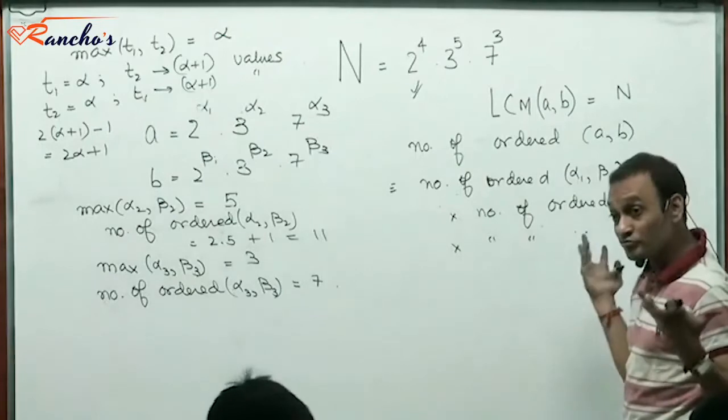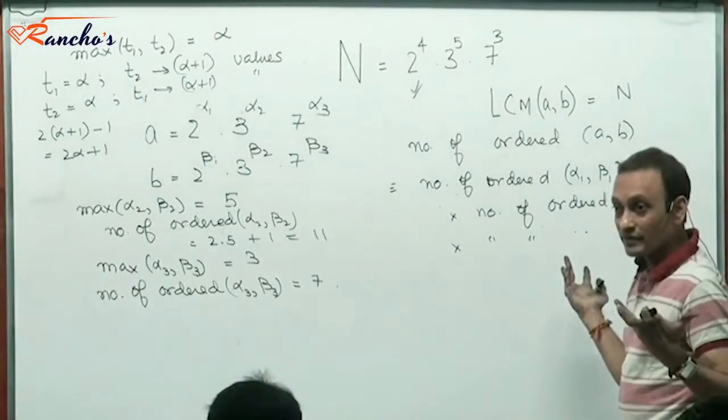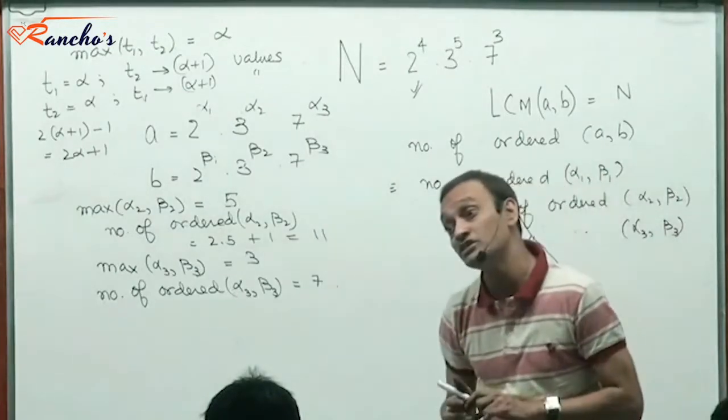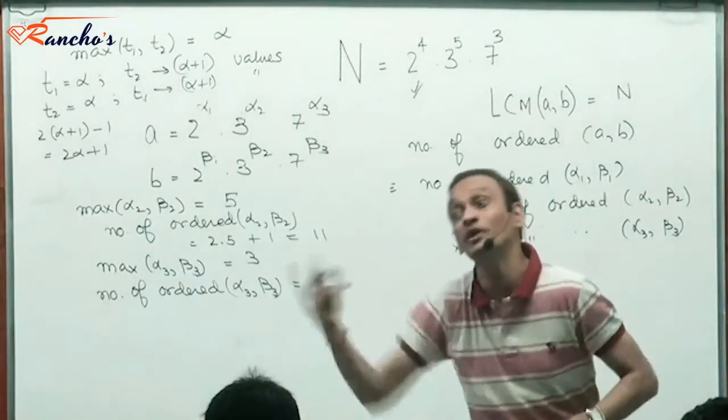This would give me the number of ordered pairs A and B. Ordered, because I don't have to divide this by 2. AB is looked upon as different from BA, so both will be included.